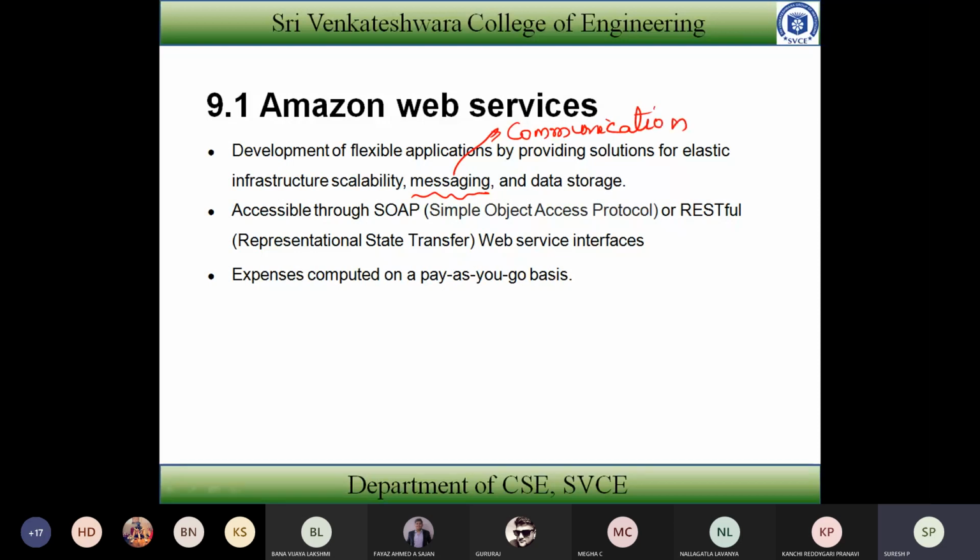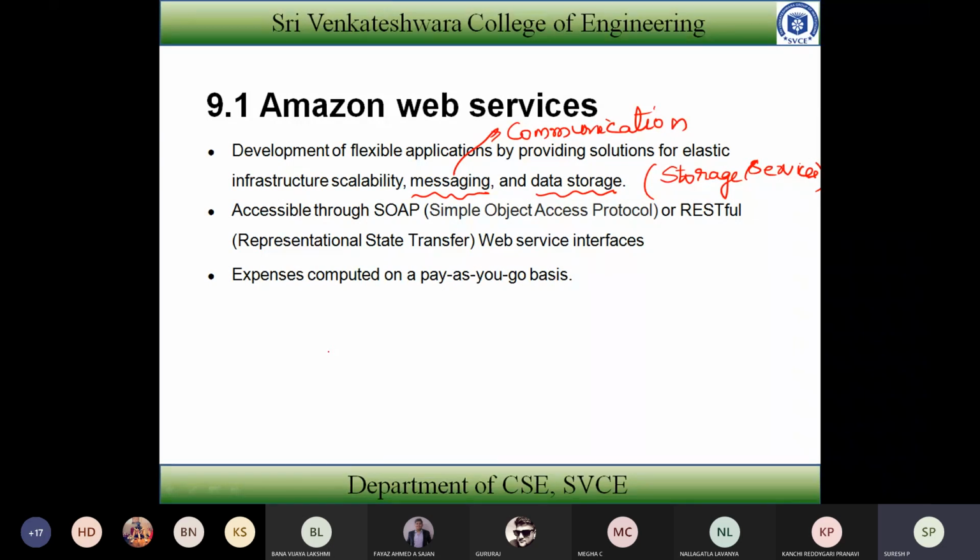When you talk about data storage, the service it is going to provide you is storage services. Now, how are these services accessed is the next question. Basically, they are accessed through two different web-based service interfaces. What are these two web interfaces?